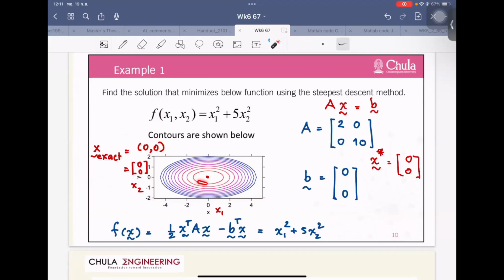The contour lines are given here with different function values. Let's say the blue line means that along the blue line, the function value is equal. The function values are the same.